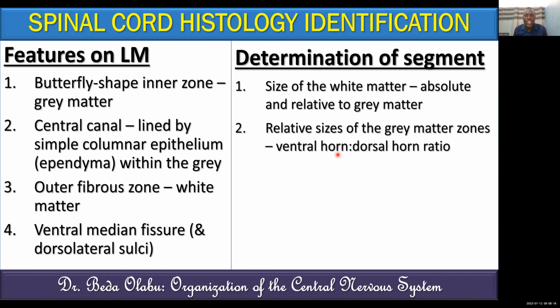And so when you compare those ratios, you'll see that the ventral horn is almost twice or 3 times larger than the dorsal horn. That region is giving rise to a plexus. Now think about that and ask yourself, which region gives rise to the brachial plexus? It will come from around C5 up to T1 segment of the spinal cord. So you'll expect T1 also to have a prominent ventral horn, trust me, because it gives rise to a plexus.